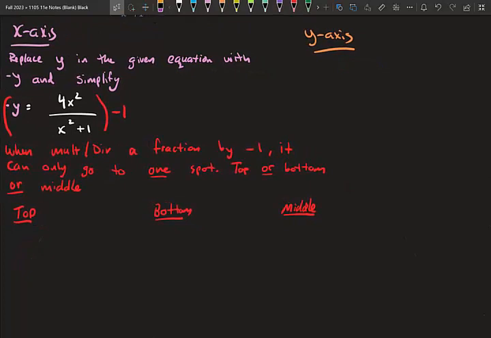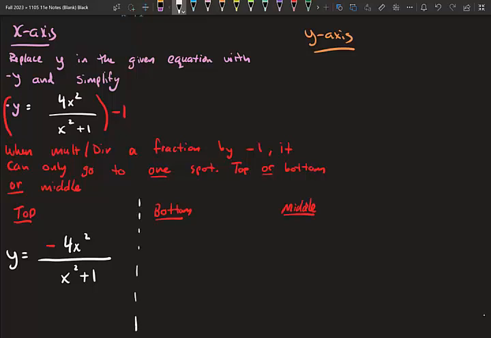So if we distributed the negative to the top, remember it only goes to one spot, never top and bottom, just one spot because you're multiplying by negative 1. If we threw it to the top, this is what it would look like. That's what happens if we put it to the top.